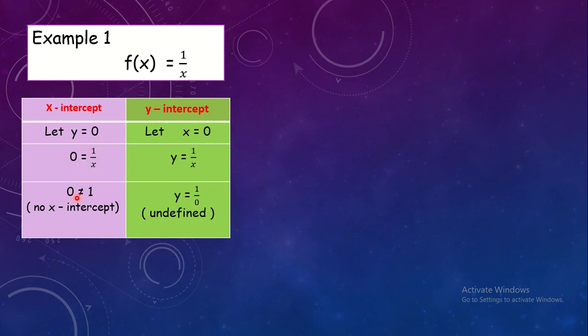So since 0 is not equal to 1, therefore, no x-intercept. Wala tayong x-intercept. So for the y-intercept naman, we let x be 0. So papalitan mo ng 0 to guys. So magiging 1 over 0. We all know sa rational function, ang restriction is never dapat magkaroon ng 0 denominator kasi nga undefined.